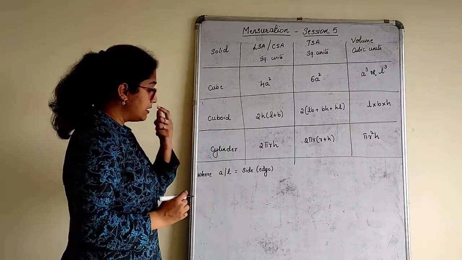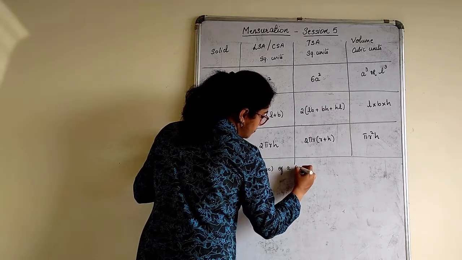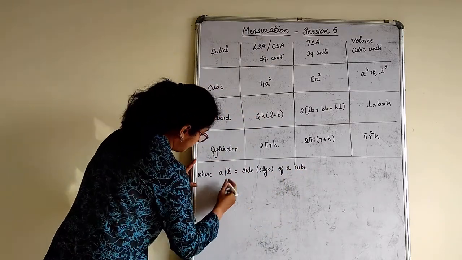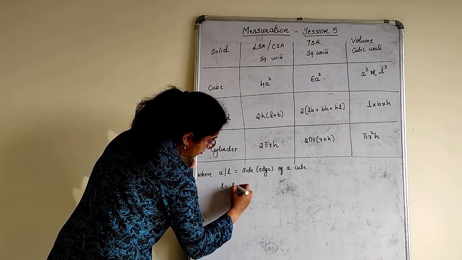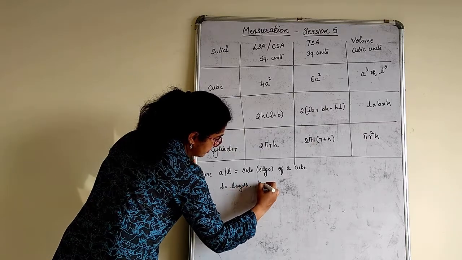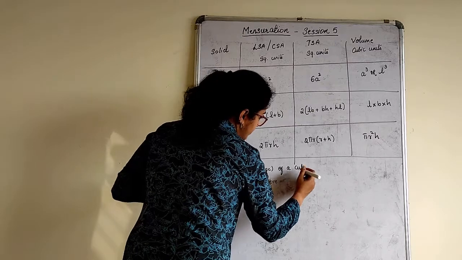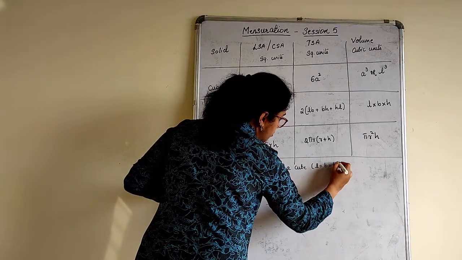A or L is equal to the side or edge of a cube. L can also be length, B is breadth, and H is height. In a cube, length is equal to breadth is equal to height.